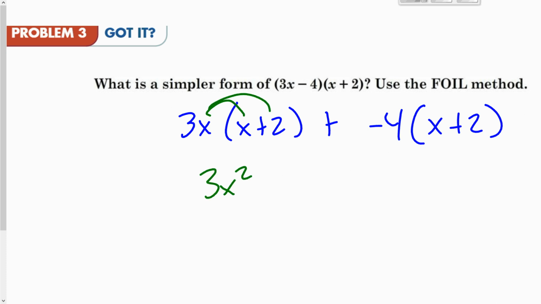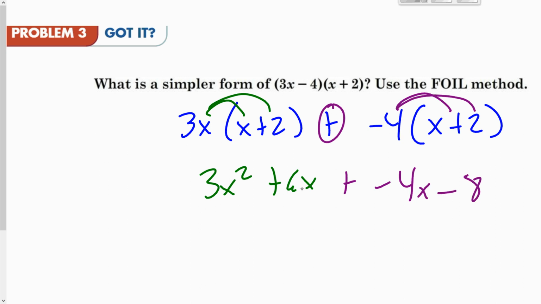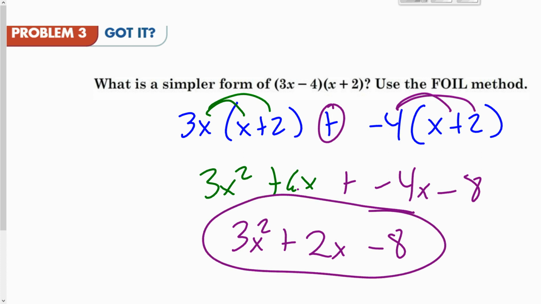So 3x squared plus 6x, negative 4x. Again, I'm adding in the middle, adding like terms. Negative 4x, and then a negative 8. So $6, spend 4, you have $2 left. And it's a positive, so put a plus sign, and negative 8. So there you go.